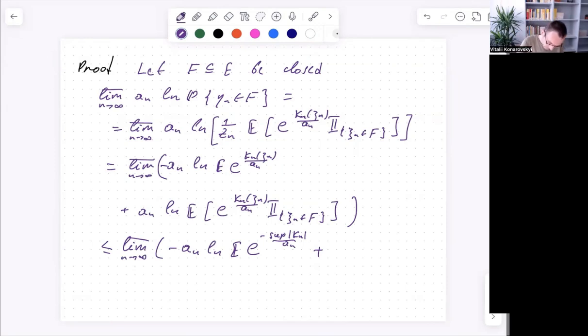And then also here we will put supremum, but since here is a plus sign, we will have supremum here, and we can move supremum there. Therefore, it is plus an logarithm of the expectation of e to the power supremum of the absolute value of Kn divided by an, and then you have the indicator.